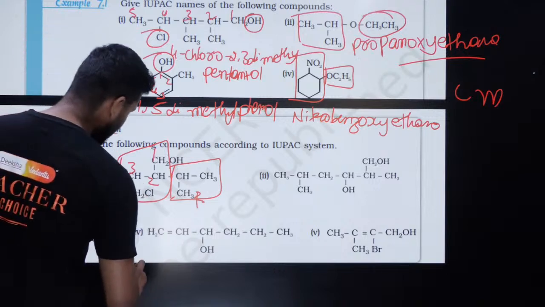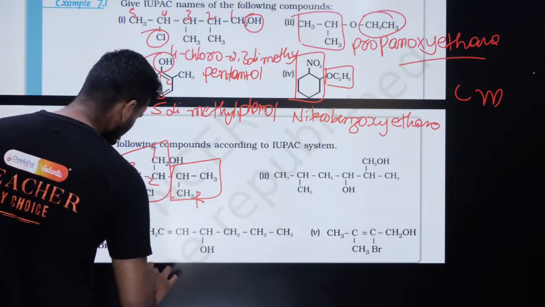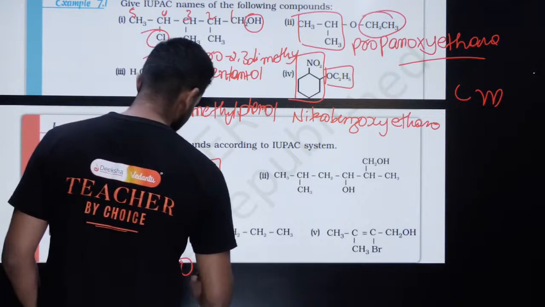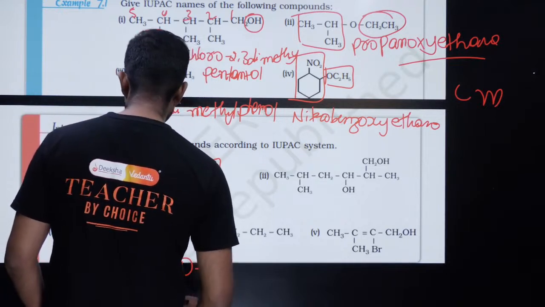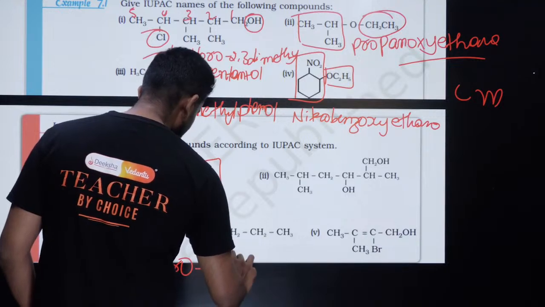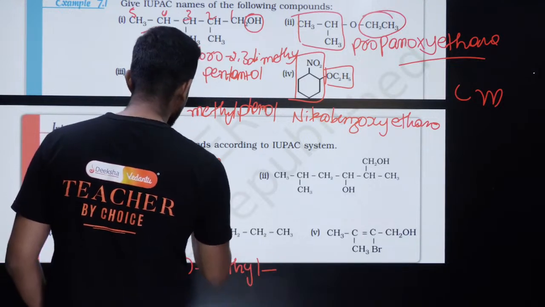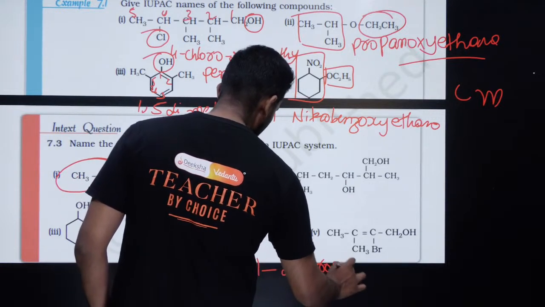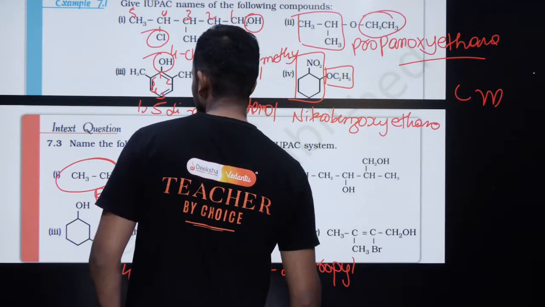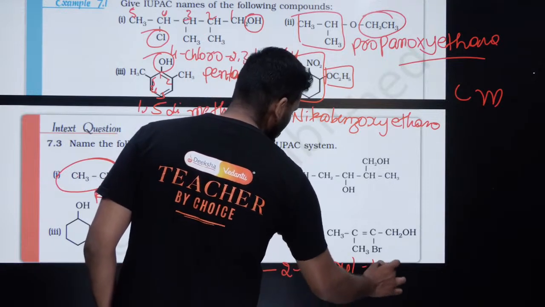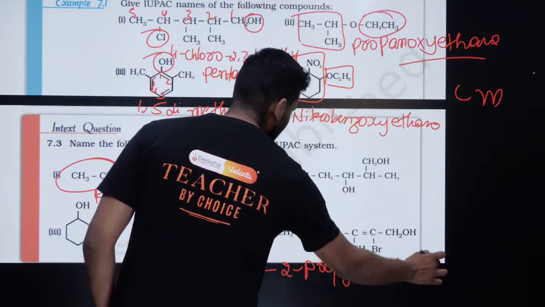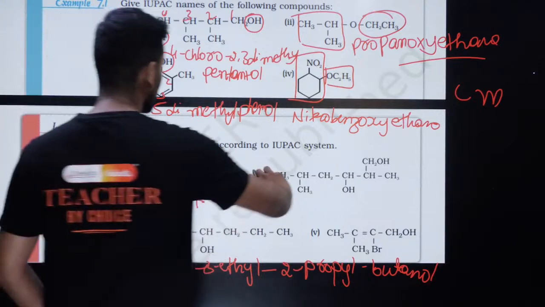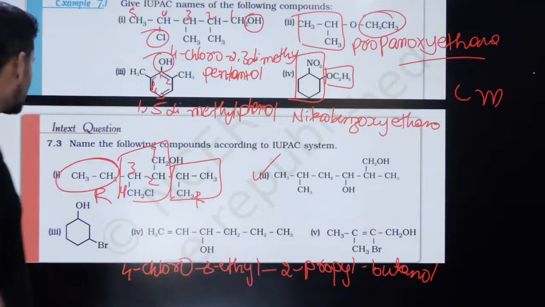First, 4-chloro is coming, then 3-ethyl and 2-propyl. Totally 4 carbon atoms is butanol. This is the name of this compound. And for the next compound, this is homework for you guys. Please do that in homework.